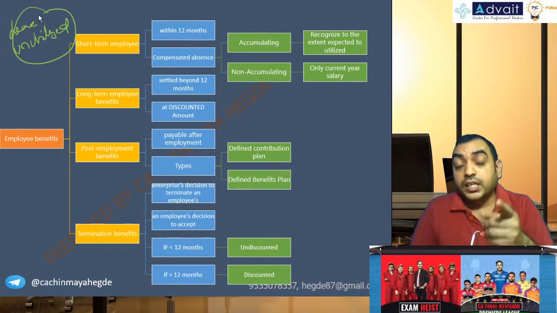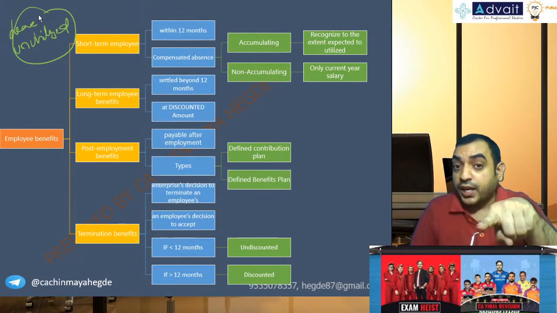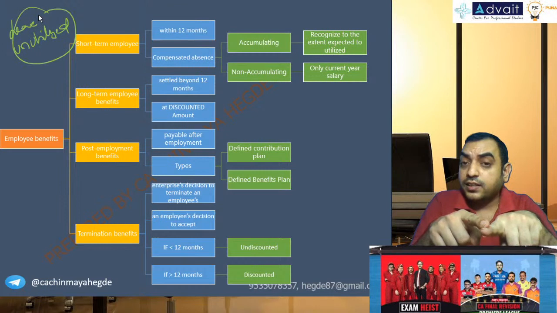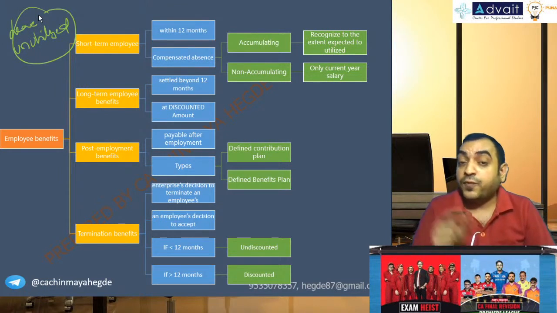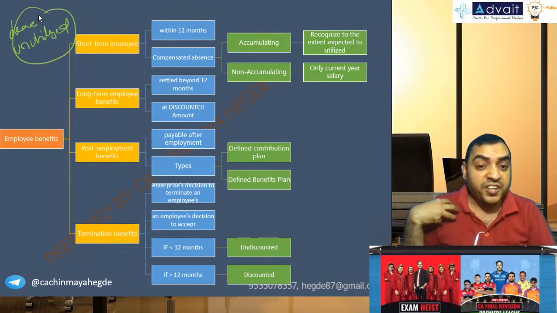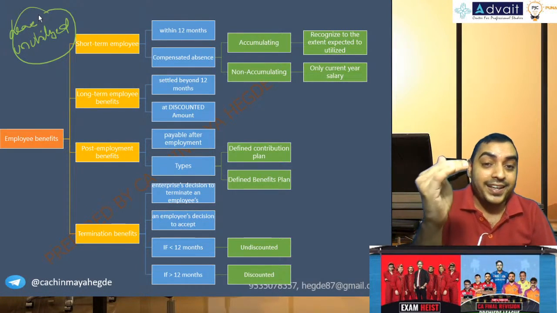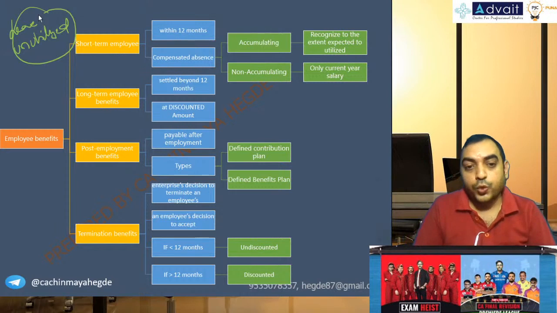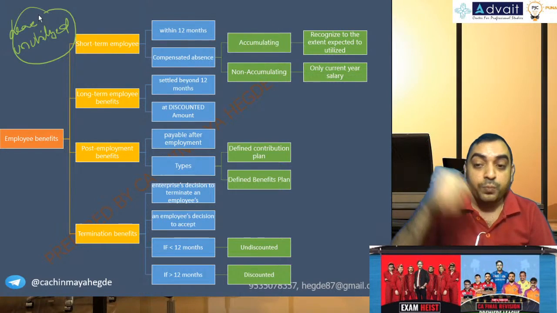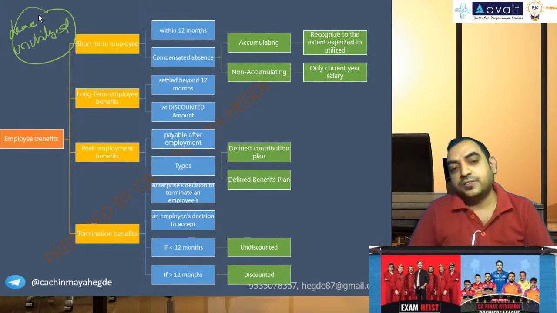Whenever the employee is going to utilize it, the employer will make the payment, which is in the future, but the employer got the benefit now itself. So for those leaves which will be paid later, it should be accounted for this year itself.